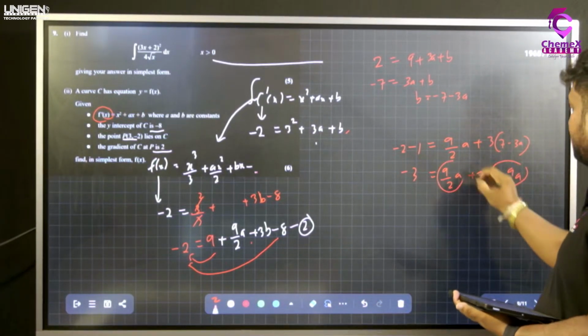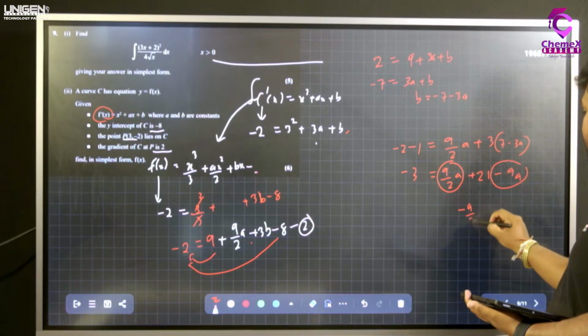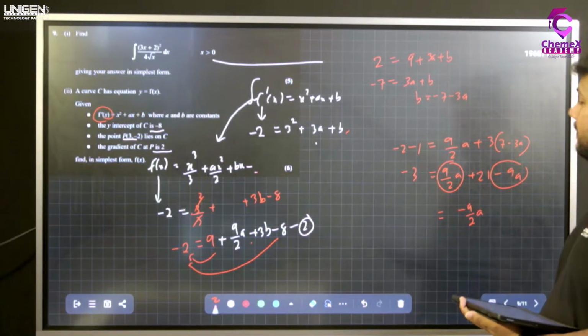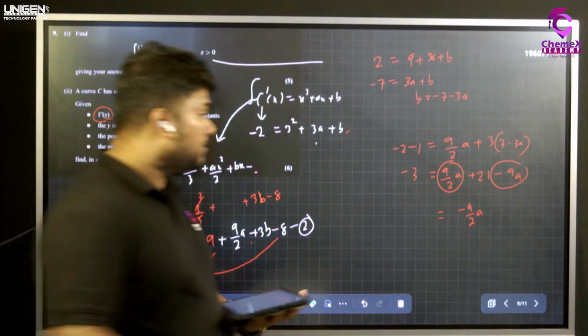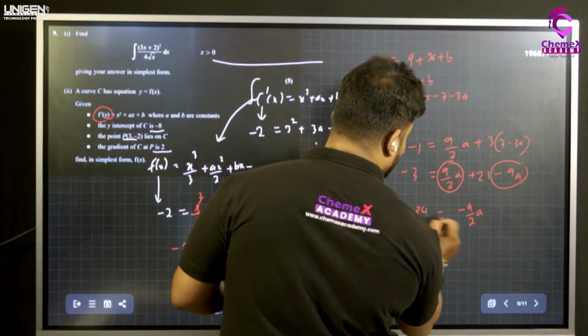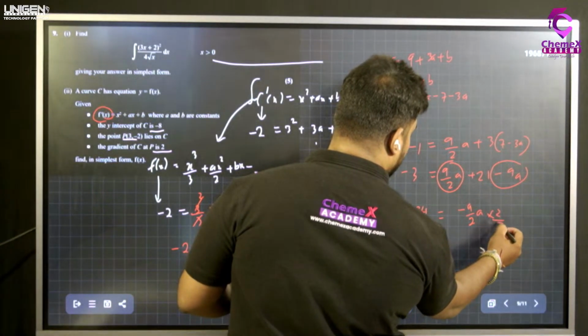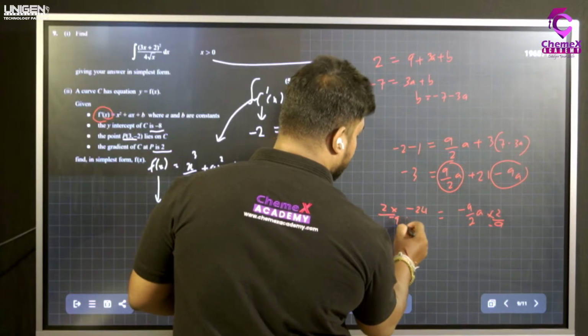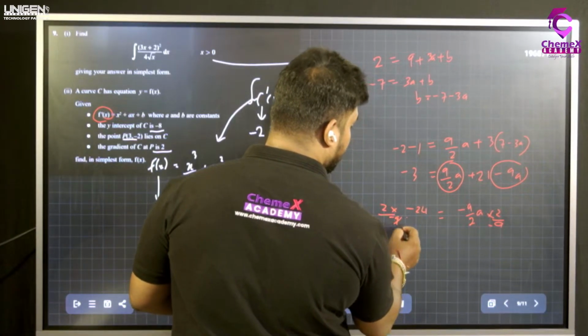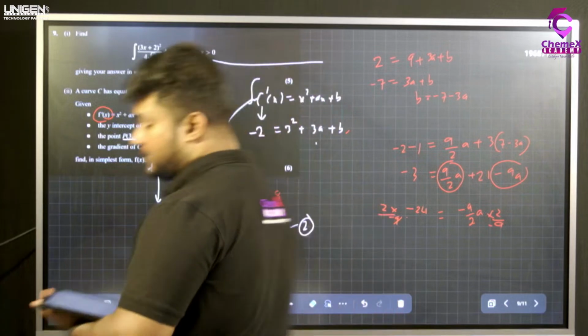So these two become minus 9 over 2a equals, what is minus 3 minus 21? Minus 24. So minus 24 into 2 divided by minus 9. So it becomes minus 48 over.